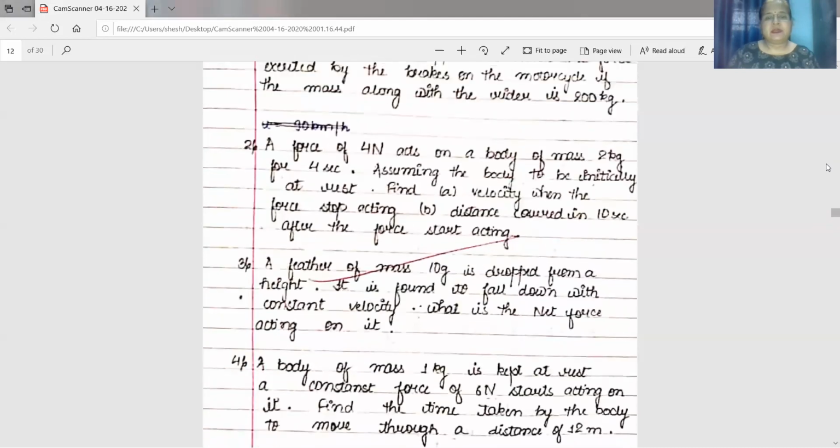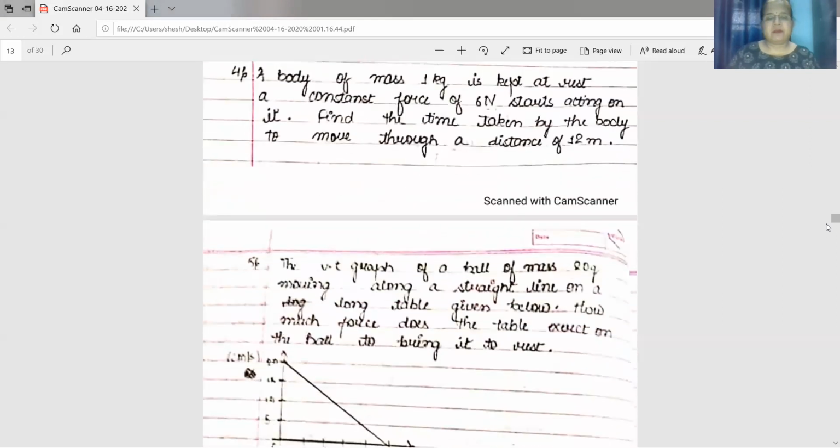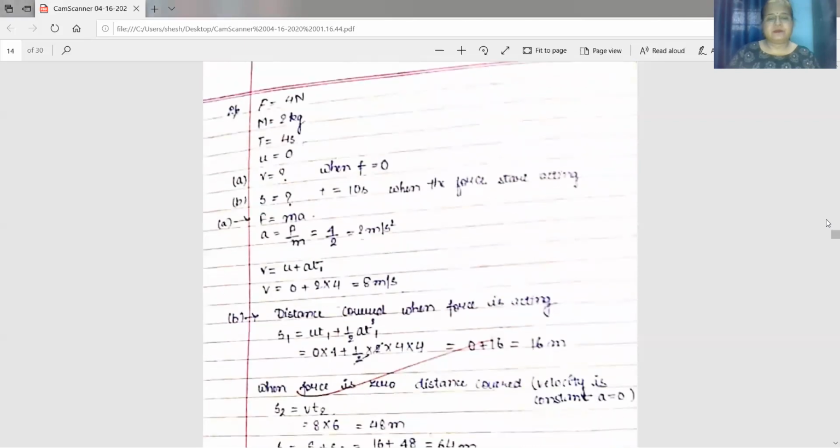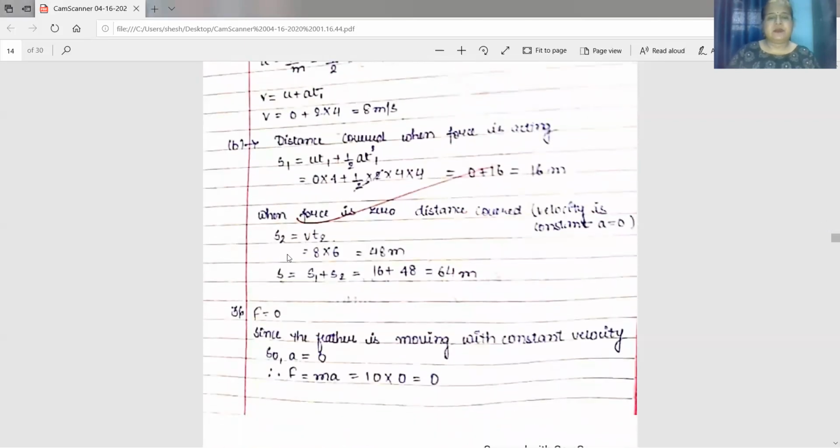So 4 seconds we have already used. Now for the remaining 6 seconds, the final velocity is 8, t2 is 6, 6 eights are 48 meter. So the total distance covered is S1 plus S2, 16 plus 48, you are getting 64 meter.